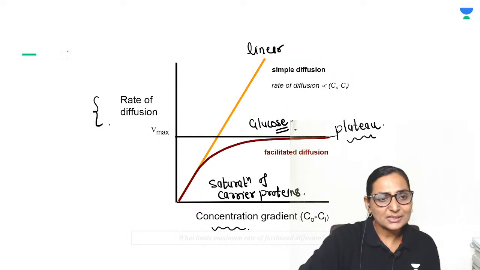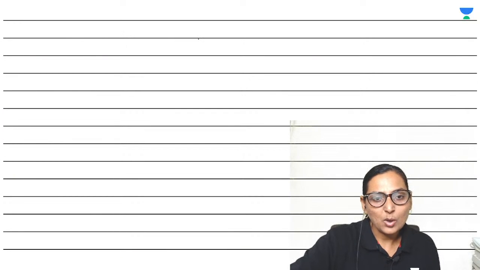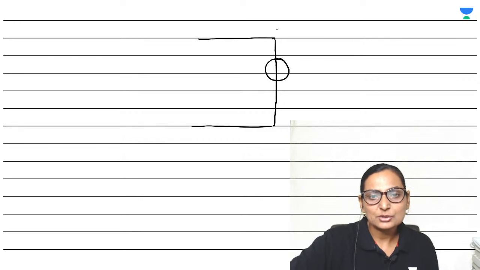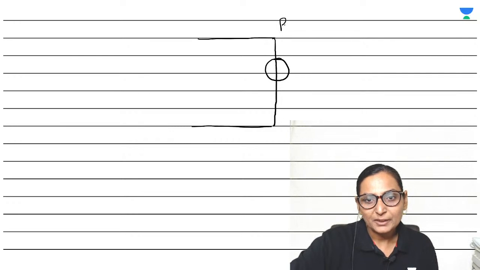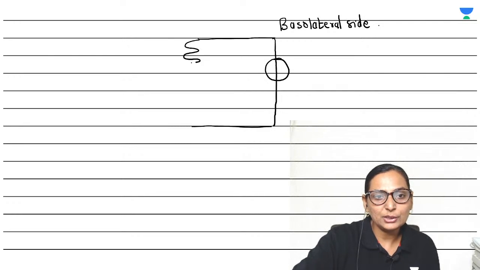Now, what is the difference between direct and indirect use of energy, right? So we'll just draw over here. This is a sodium potassium pump, which will always be present on the basolateral side, and this is the luminal side.